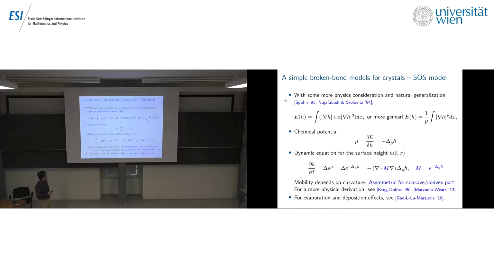Nevertheless, this was meant to emphasize the PDE talk, so we just treat the general energy in the Banach space L^p form. Then, of course, you compute the first variation and get the chemical potential, which is minus the p-Laplacian.